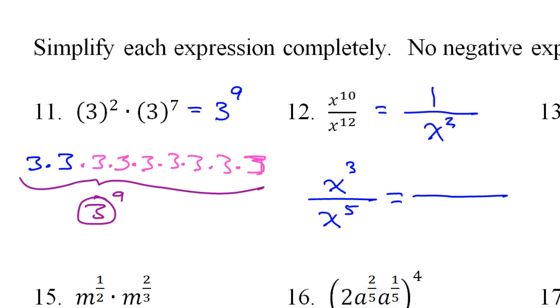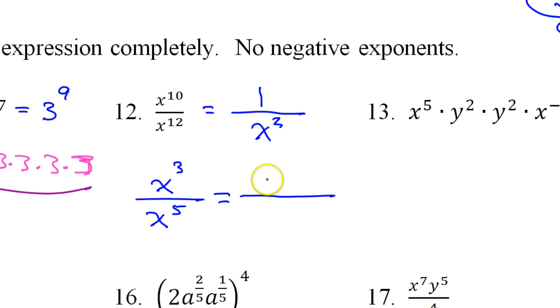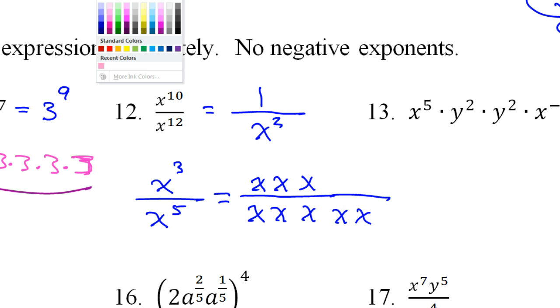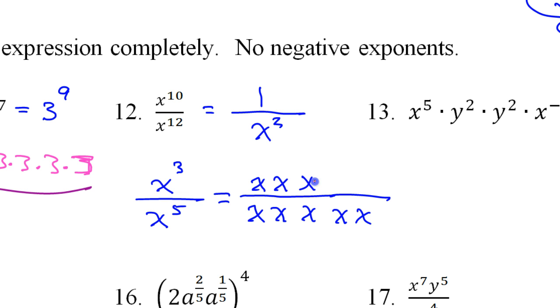What's actually happening is x to the 3rd power means x times x times x, and x to the 5th power means x times x times x times x times x. Now all of these things that are the same in the numerator and the denominator will cancel out. So these 3 x's will cancel out 3 of the x's in the denominator, and that's going to leave 2 x's in the denominator. Okay, so which would mean that I would have x squared in the denominator.